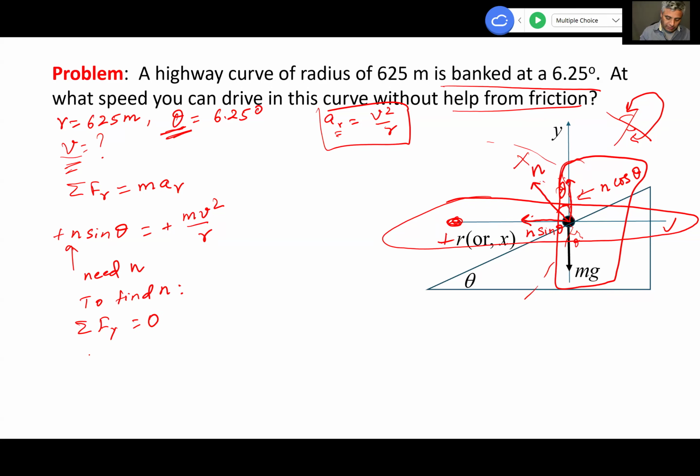No acceleration in the vertical direction means the sum of these two forces must be equal to 0, right? N cosine theta pointing up, so that's why it is positive. mg pointing down, that's why it is negative.